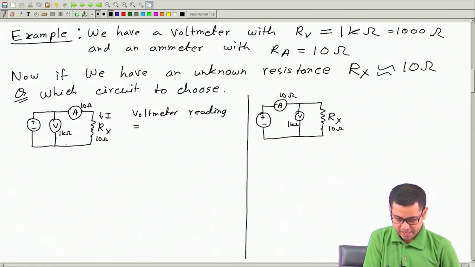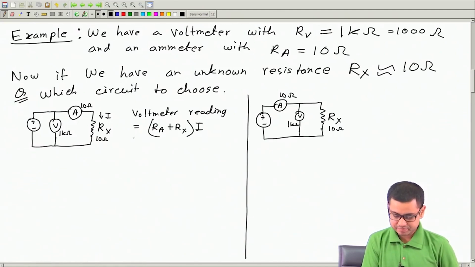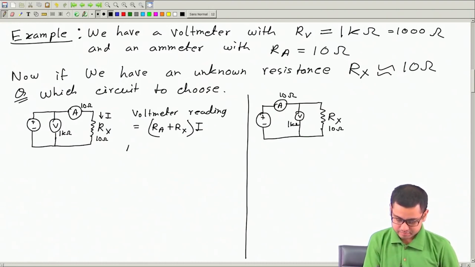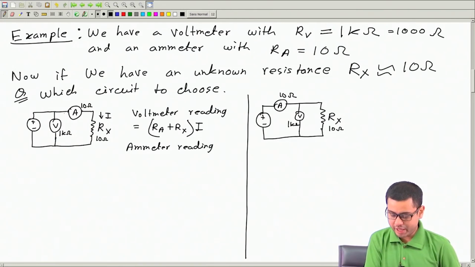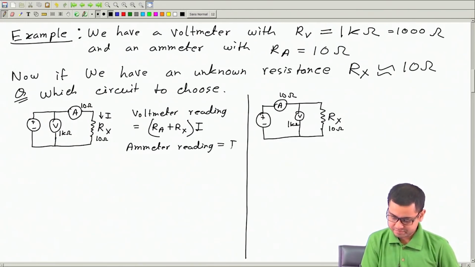That means ammeter and resistance in series. So this will be Ra plus Rx whole multiplied by I. This will be the voltmeter reading, and the ammeter reading is the same as the current that flows through the ammeter, so that will be I.